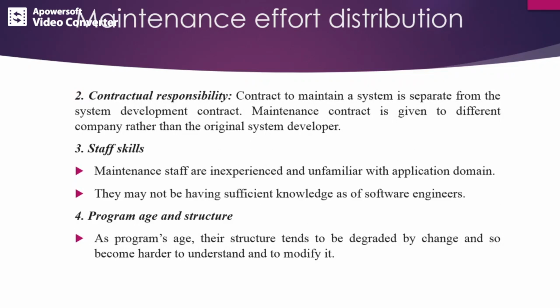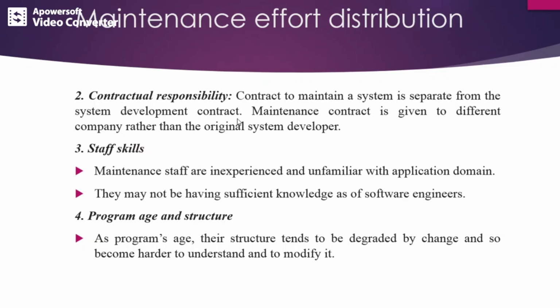Second one is the contractual responsibility. Initially a contract will be signed between the developer and the customer, or we can say the company. So here, the contract to maintain a system is separate from the system development contract.